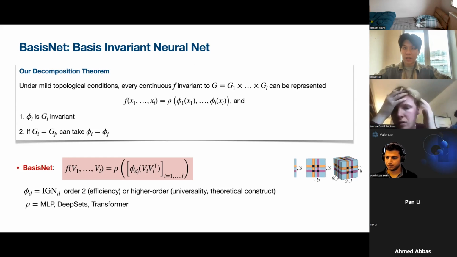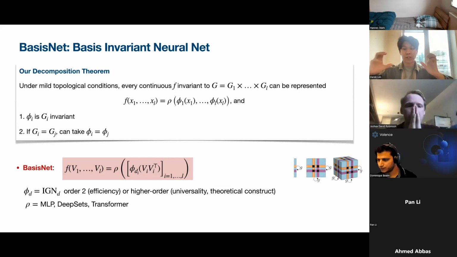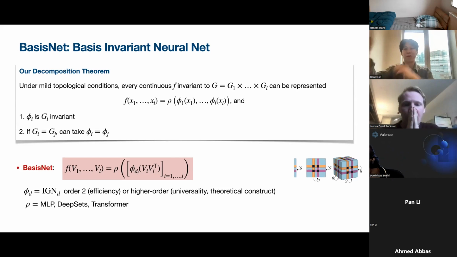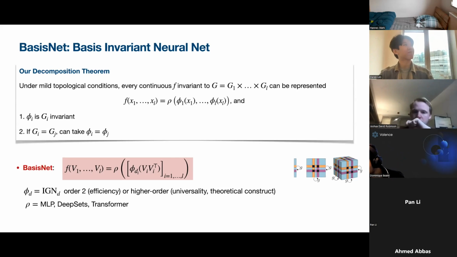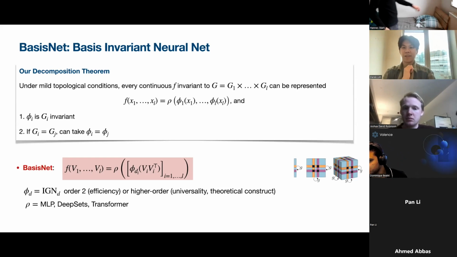Yes, it works on a matrix and it could be universal, in terms of permutation equivariance, yes. So basically we assume that we have a very strong isomorphism tester to build this phi so that overall we can be universal, right? Yes, exactly.